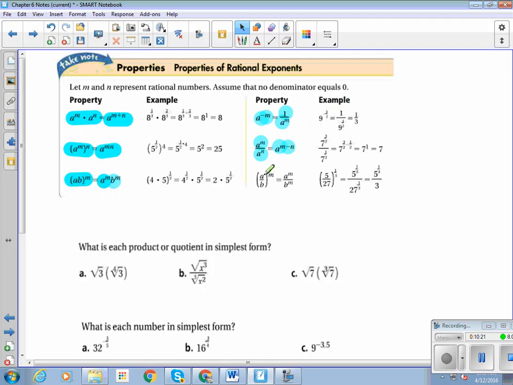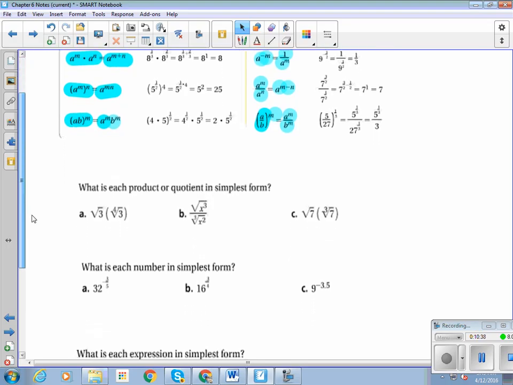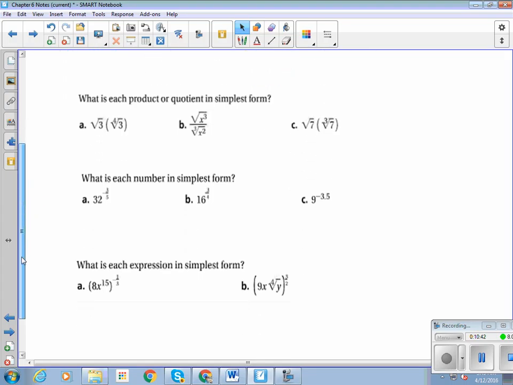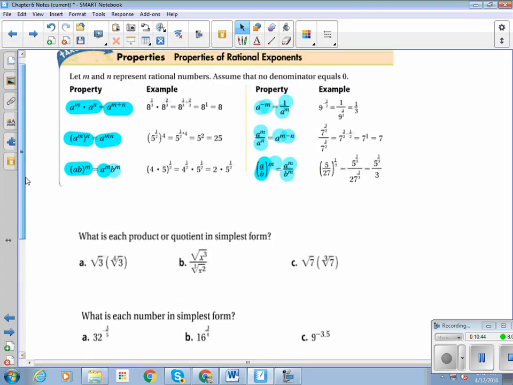And if I have division inside parentheses being raised to a power, I can rewrite that as each item, the top raised to the power divided by the bottom raised to the power. Okay, so we're going to use these properties to simplify these questions. I'll start here.